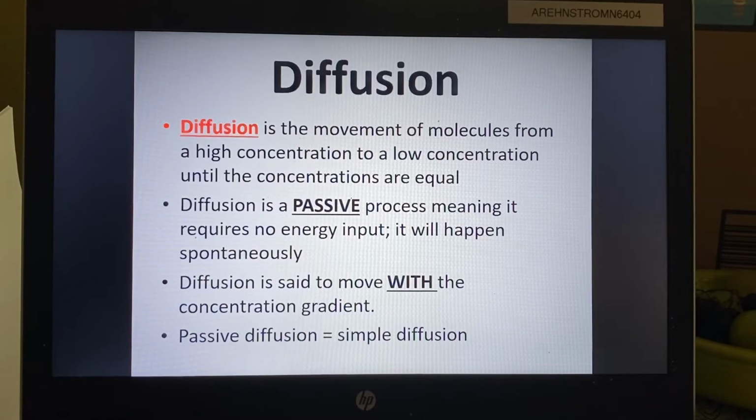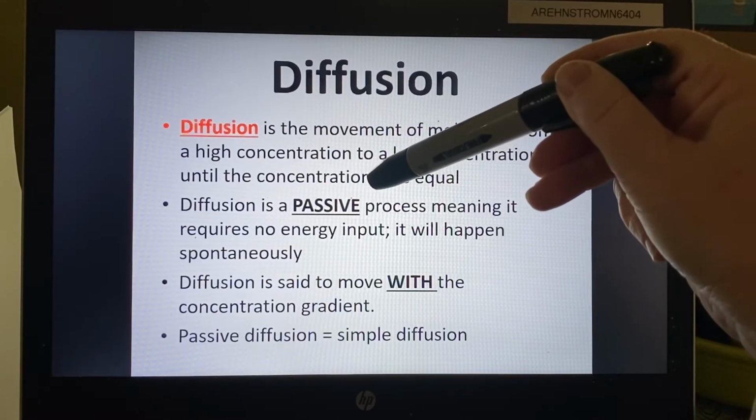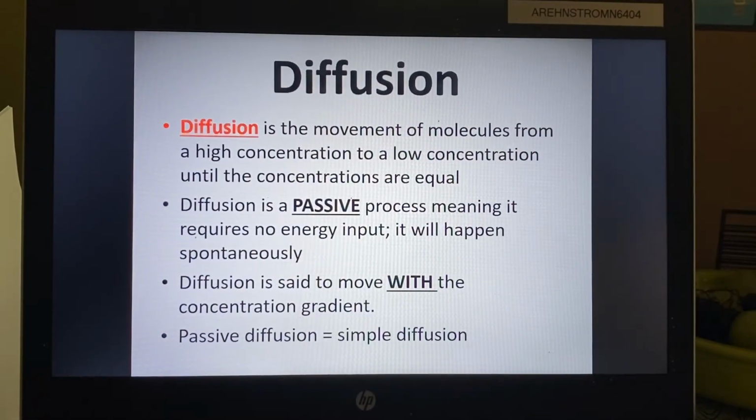So a couple of things that I want you to understand. Diffusion just happens naturally. You don't have to do anything to get it to happen. Because of that, we refer to diffusion as a passive process, meaning that you don't have to put any energy into it. You don't have to add any ATP or whatever.